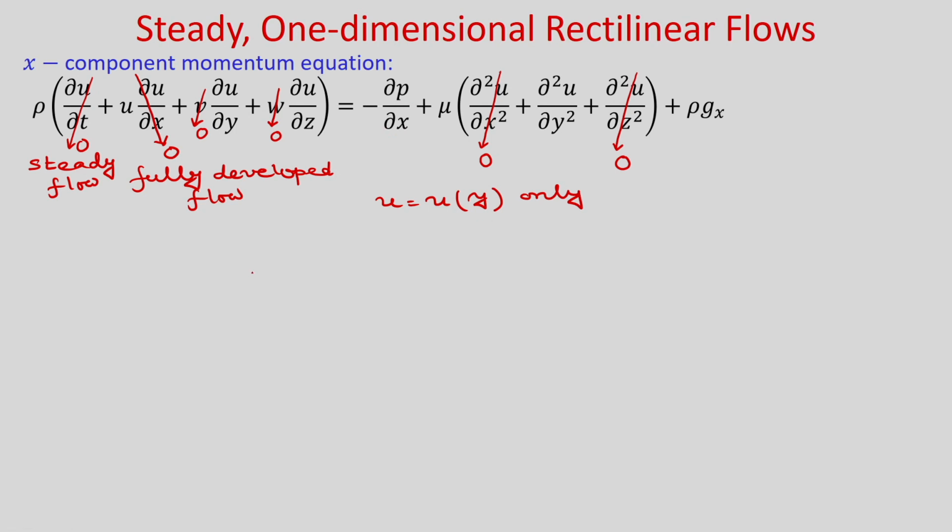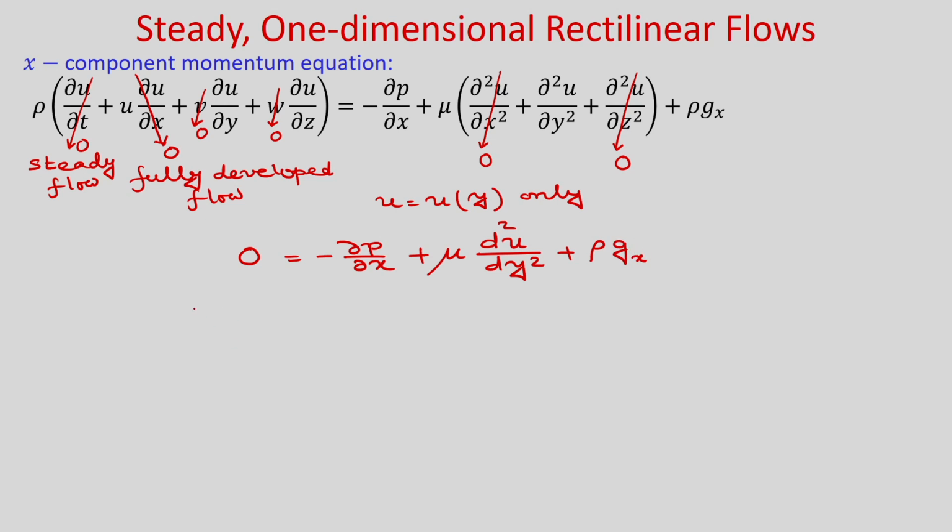So, we can write that left hand side is 0, right hand side minus del p by del x plus mu d2u by dy square, plus rho gx. Gx is the component of g in the x direction.